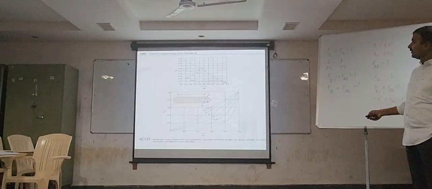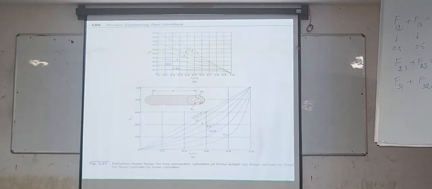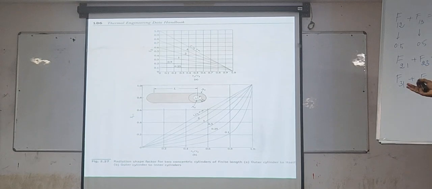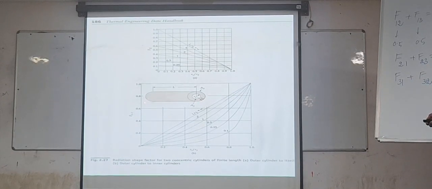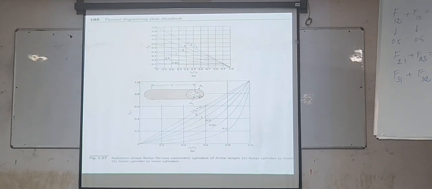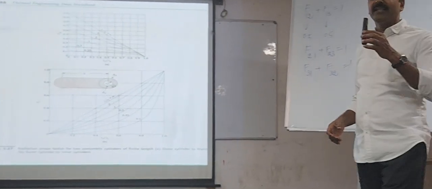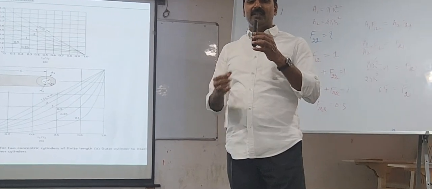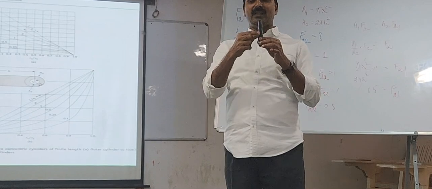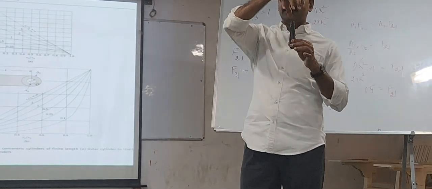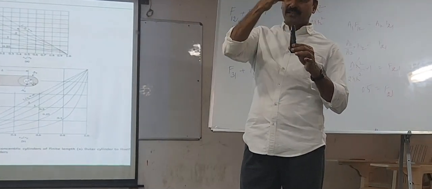Therefore, if you assume this as one surface, similarly on the other side, both ends. So this is the lateral surface, this is the front surface, and this is the back surface. Let us imagine the cylinder standing in vertical position like this. Now this is the outer surface of the inner cylinder, and imagine a concentric cylinder inserted onto this.